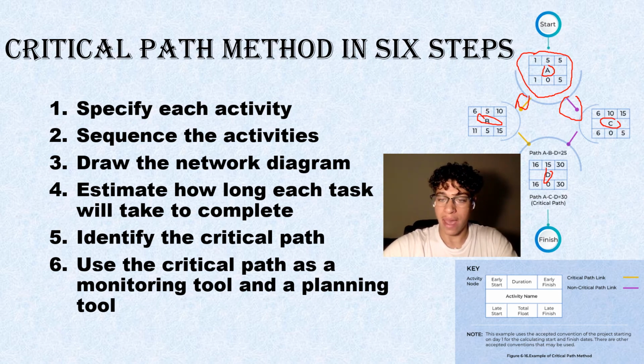So here we have a key, and the middle box tells you how long it takes to complete. So D takes 15 days, C takes 10 days, A takes 5 days, which was an estimation by the designer of the diagram. And number five, you would have to identify the critical path. How would you do that?